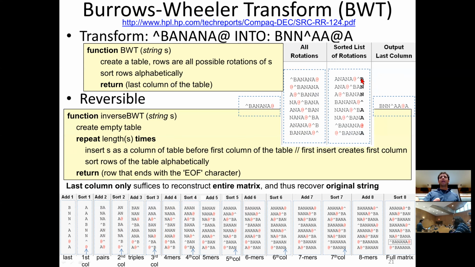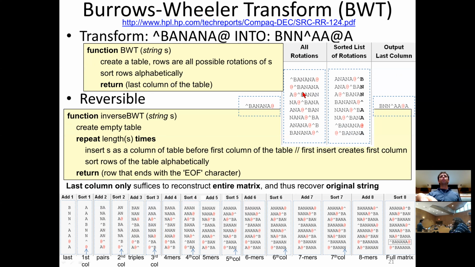So if I have the last column, how do I recover the first column? Remember, the first column is actually super cool. It's A, B, N. Why is that super cool? Because it's in alphabetical order, right?